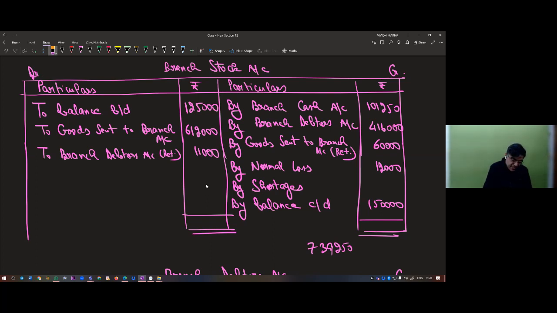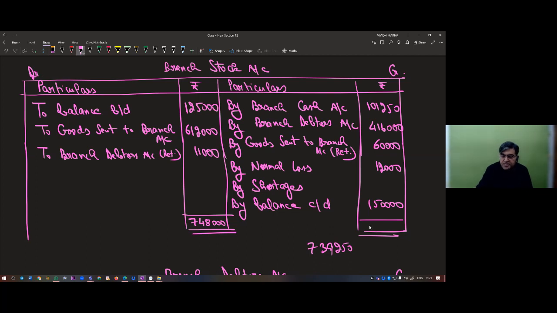Cash sales 1,01,250 plus credit sales plus 60,000 plus 12,000 plus 1,50,000. Against 1,25,000, 6 lakhs 12,000, 11,000, that is 7 lakh 48,000.